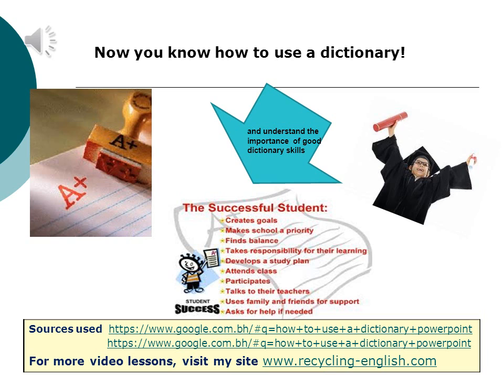And if you want to be a successful student, then you need, for example, to create your goals, make school a priority, find balance, take responsibility for your learning, develop a study plan, attend class, participate, talk to your teachers, use family and friends for support, and always ask for help when needed.